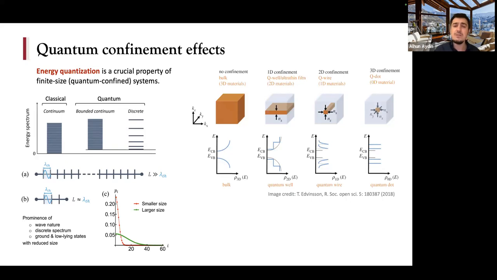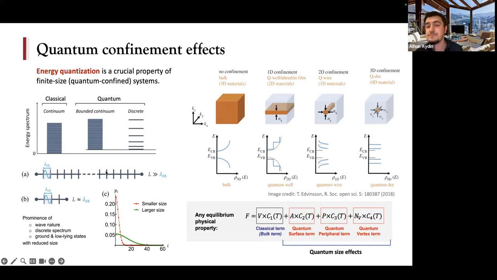So you can no longer treat the material as a bulk material. And this is one of the primary reasons why the confinement in different dimensions, and also the geometry of the confining system, becomes very important.